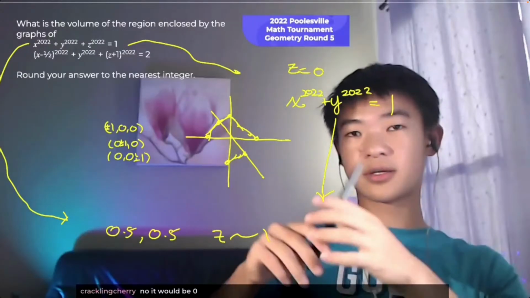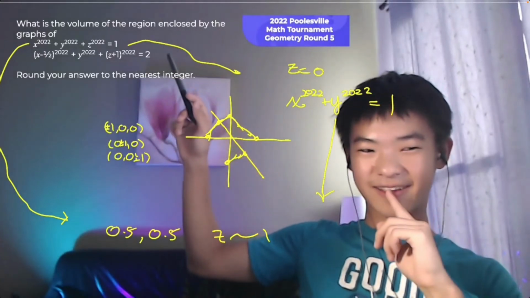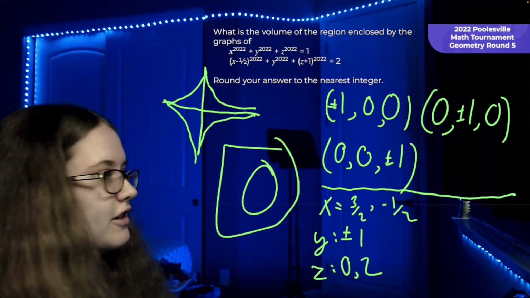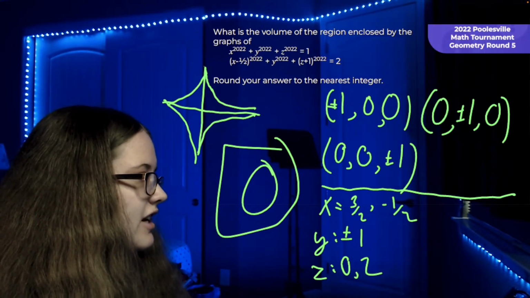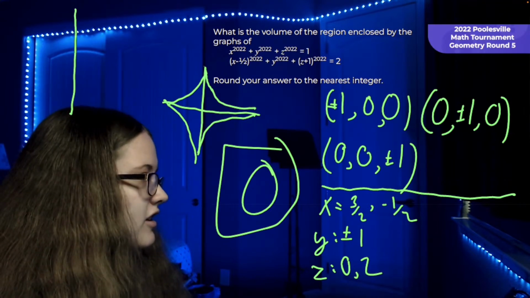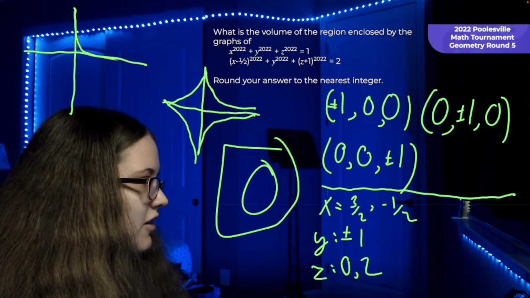I'm curious, have we considered the volume of the region enclosed by these two yet? I mean, it's going to be really small. If you look at just the first one, we take the cross section. I'm pretty sure that's over exaggerated. It's probably going to look like that, like the cross section.